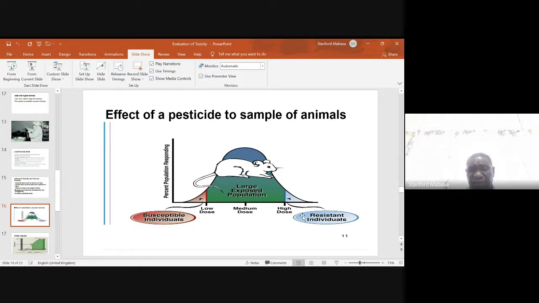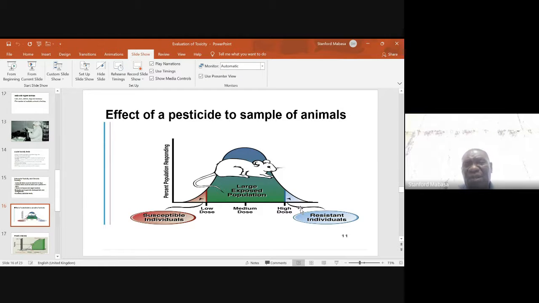So in a given population, you've got highly susceptible individuals which form a small population. The norm is that a medium dose can affect a lot of rats. Another high dose can be resisted by the rats.